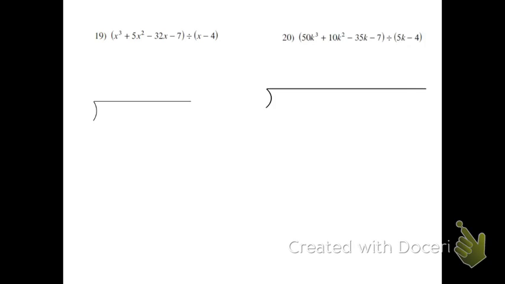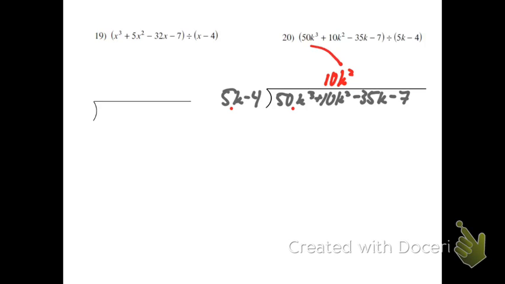Here we go. They're in the right order, so I can go ahead and write that in. 50k to the third plus 10k squared, and so on and so forth. And over here, I have 5k minus 4. All right. So, what do you multiply by 5k to get 50k to the third? Well, it's got to be 10 with a k squared next to it.